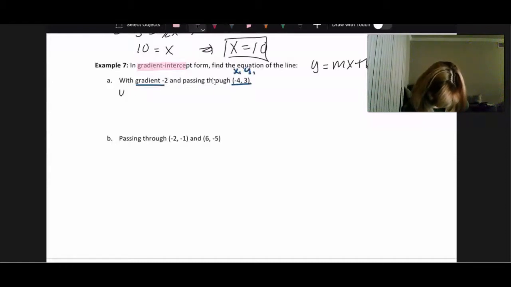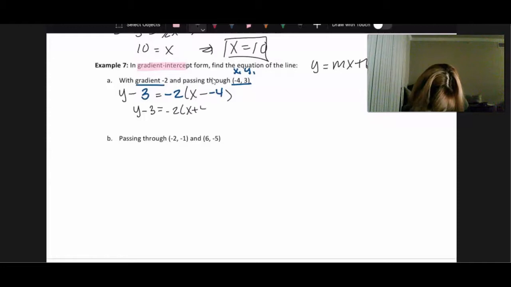So y minus y1, which is 3, equals m, which is negative 2, times x minus x1, which is negative 4. Simplify, that should become y minus 3 equals negative 2 times x plus 4, but remember we want it in gradient-intercept form.